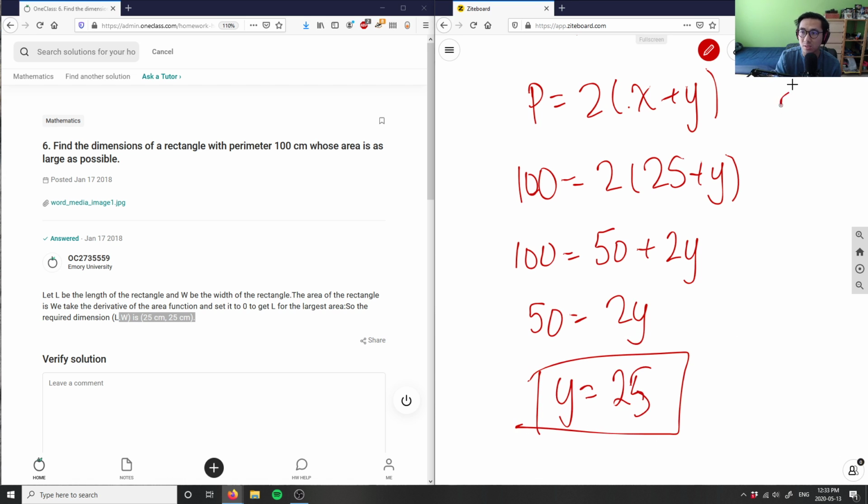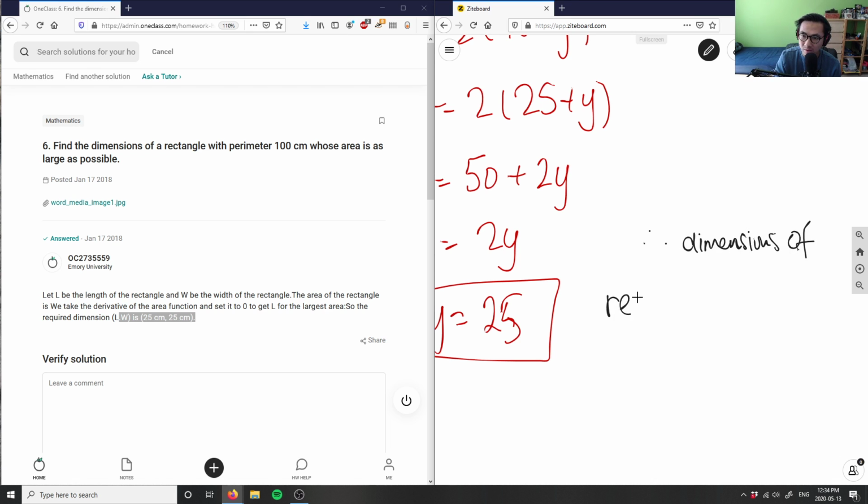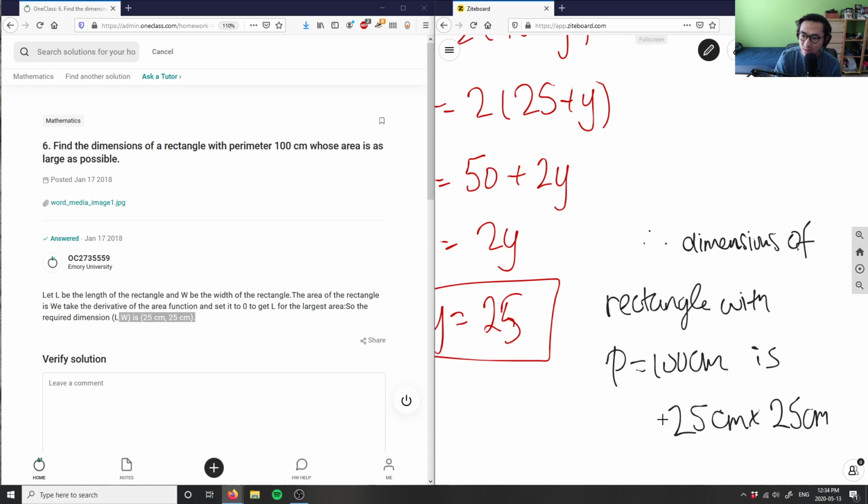So the dimensions of a rectangle with P equals 100 centimeters that give the largest area are 25 centimeters by 25 centimeters, which gives us our maximum area.